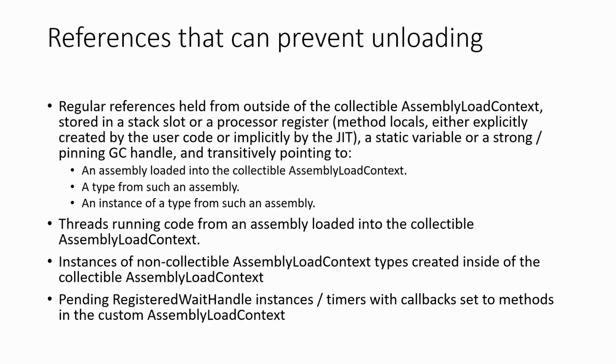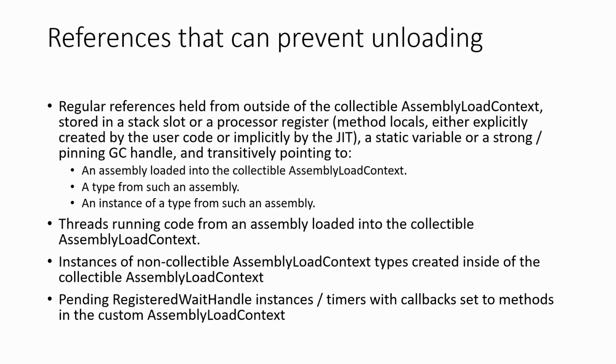They can be stored in stack slots, which means local variables, or processor registers, also local variables. That can be not only the local variables that you have created, but sometimes even the JIT creates its own locals for its own purposes. So you may think that there is no local that would hold that, but the JIT could have created one, and it would prevent unloading.